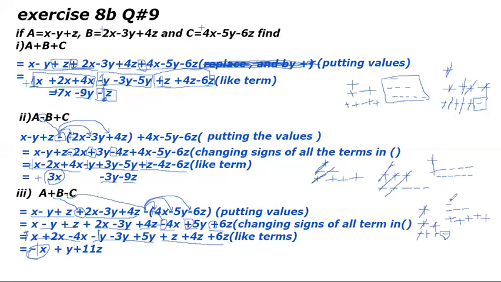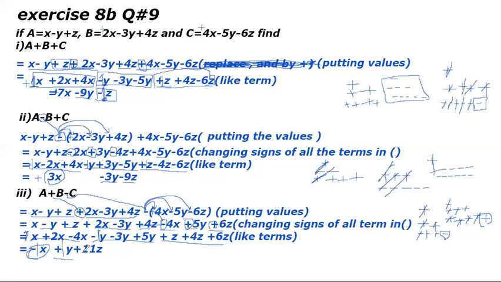Now cancel one negative with one positive, second negative with second positive, third negative with third positive, fourth negative with fourth positive, and only one positive sign is left over. Look, this is positive y, or we can say positive 1y.